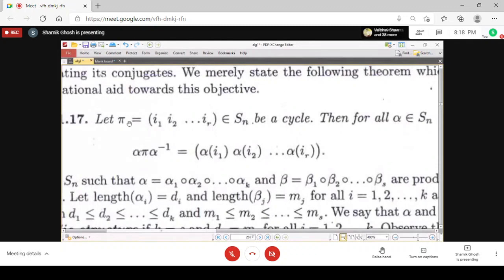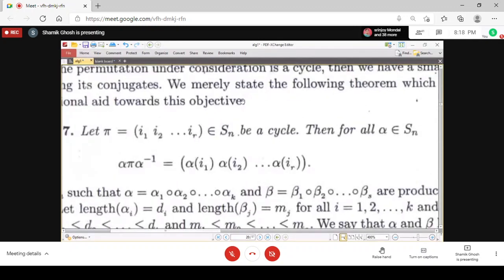So this is the formula. If the original cycle is this, it will always retain the same cycle structure. That is, if it is an r-cycle, it will be again an r-cycle. And alpha pi alpha inverse will be just i1 replaced by alpha i1, i2 replaced by alpha i2, ir replaced by alpha ir.